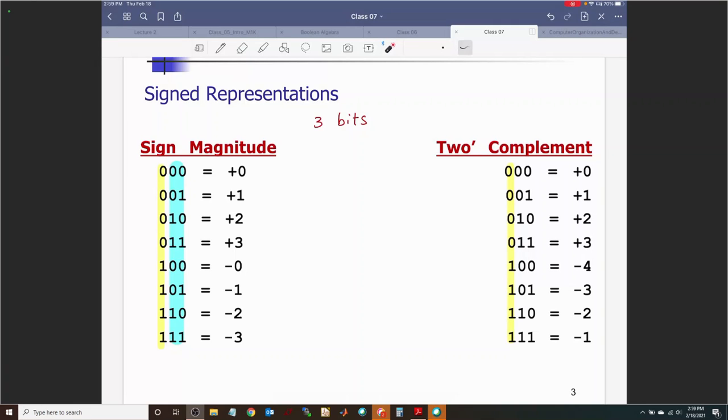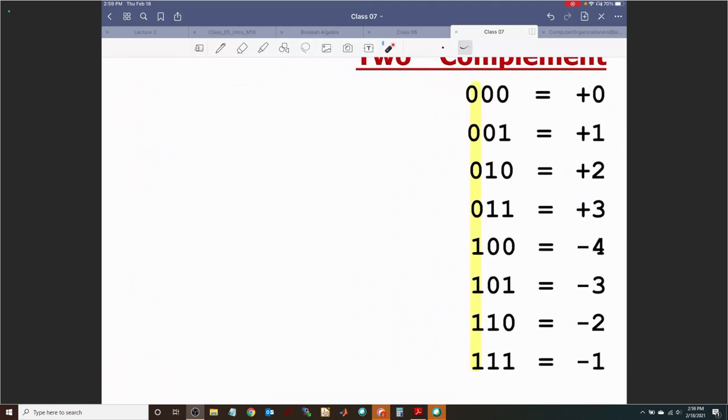Next, how are you going to find the value of the next 2 bits? Let's take an example as a refresher. If I took 110, this actually doesn't work that well, so let me take another example: 111 is -1. How do I know? The first bit is 1, so that's negative. The next 2 bits are 1, 1.